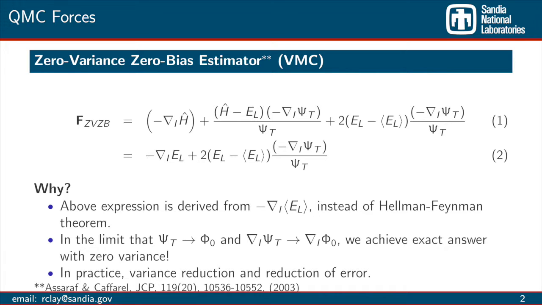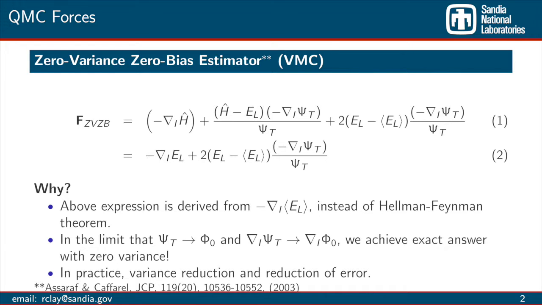It approaches the correct energy, and as such, we inherit that property for the derivatives of the trial wave function. And so as the trial wave function approaches the exact wave function, and its derivative approaches the exact, we basically have a zero-variance, zero-bias force estimate. So this is the zero-variance term over here. This is where it comes from.